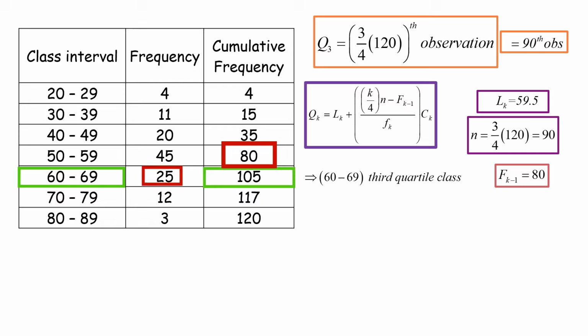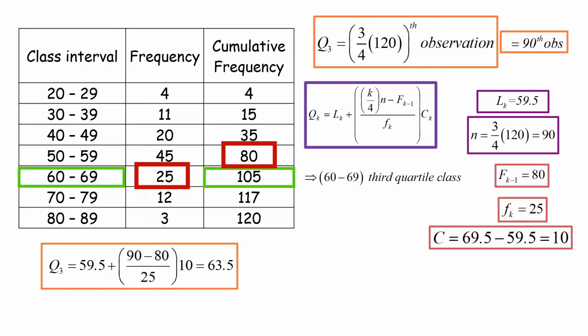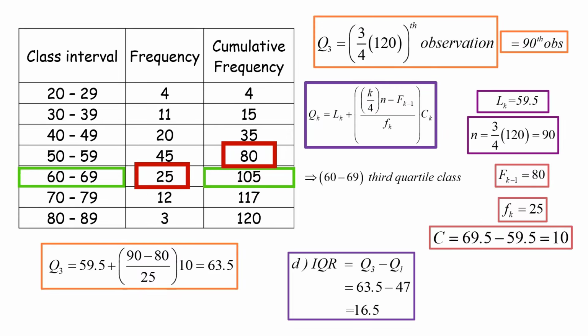Frequency of the third quartile class is 25. The value of C is 10. Once we have all the values, we can key in the values into the formula of quartile. The third quartile of this data is 63.5. The formula of interquartile range is Q3 minus Q1. The interquartile range of this data is 16.5.